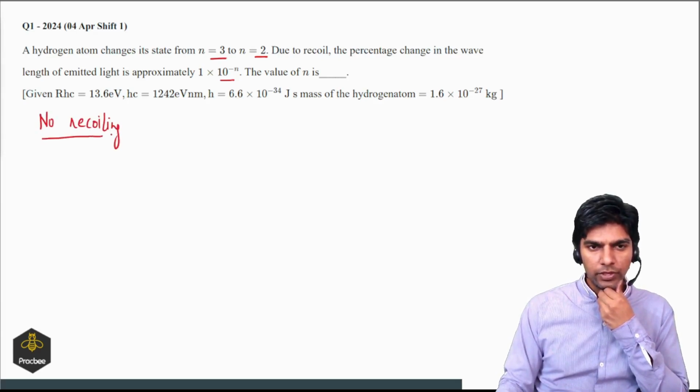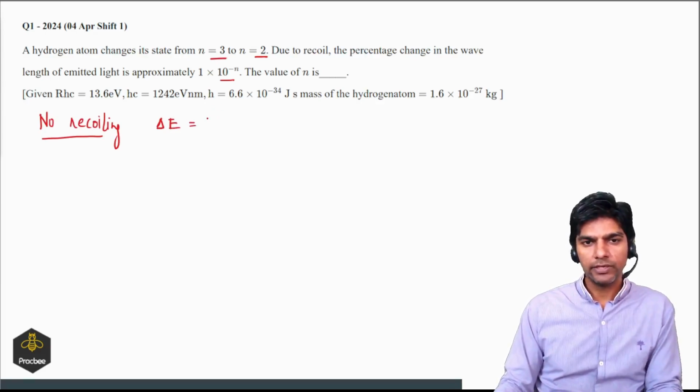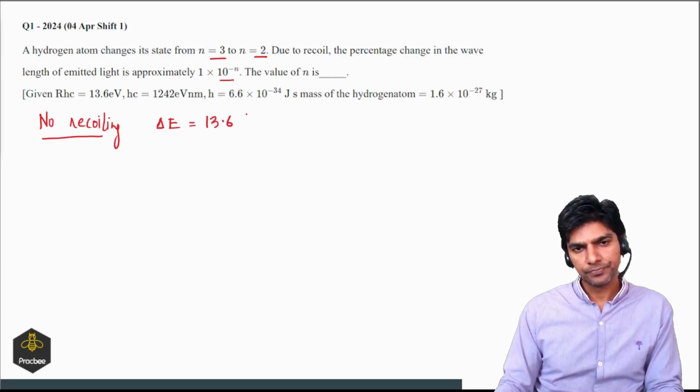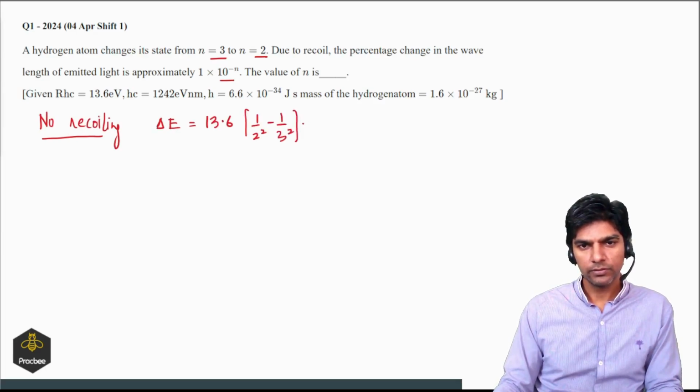In case of no recoiling, whatever will be the loss in the energy, that is nothing but the energy of the photon. So we can say 13.6 times 1 by 2 square minus 1 by 3 square, so that will be 13.6 times 1 by 4 minus 1 by 9, and 13.6 times 5 by 36.